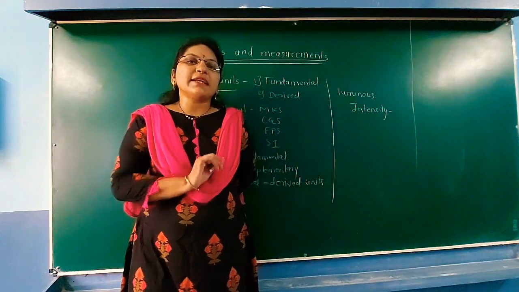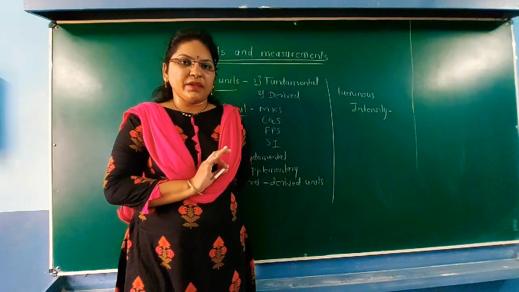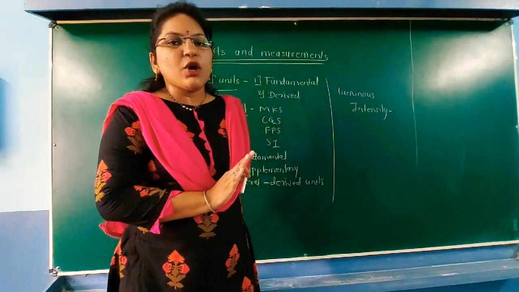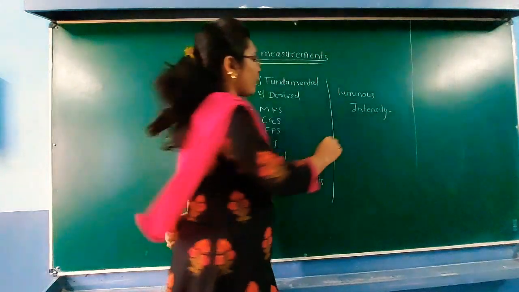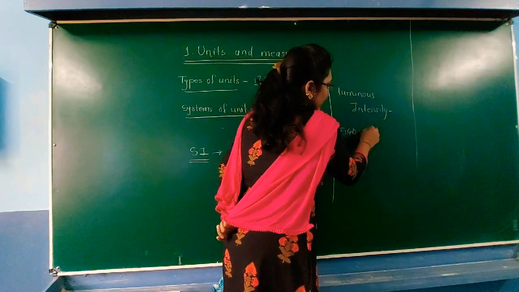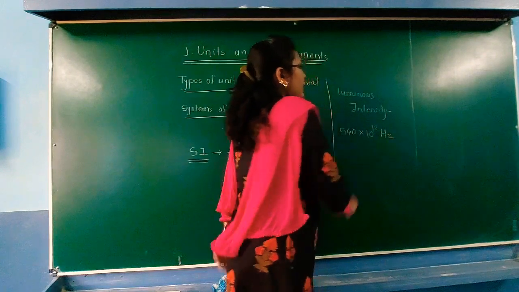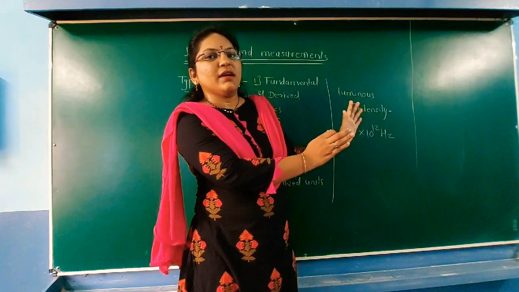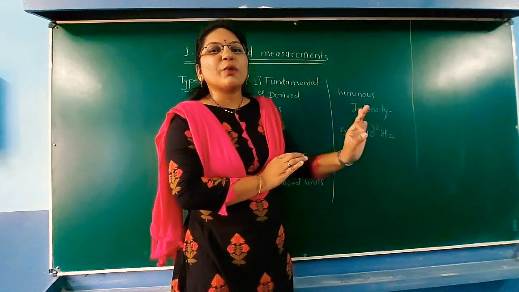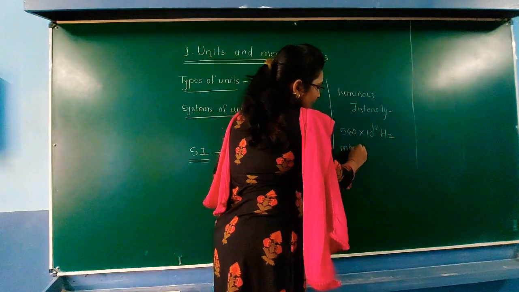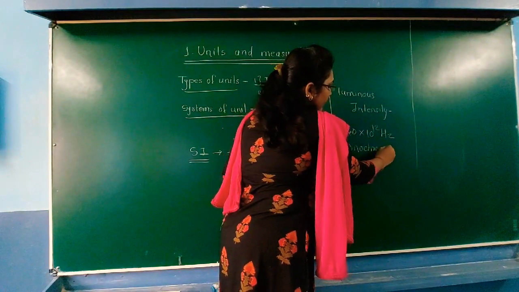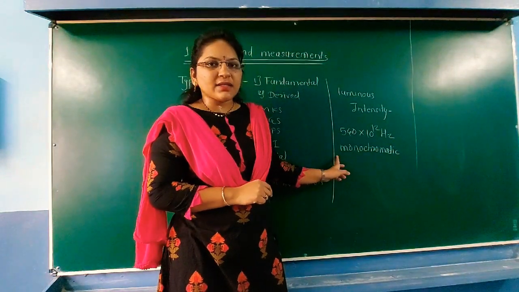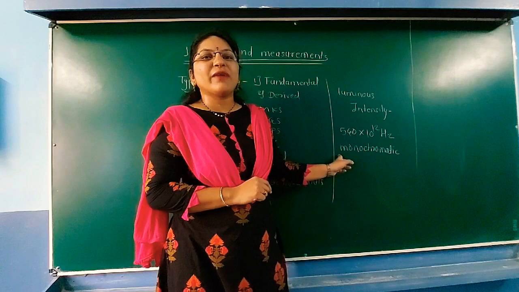Luminous intensity is the intensity of a source which emits monochromatic radiations of frequency 540 into 10 raised to 12 Hertz. Monochromatic means light having a single wavelength.